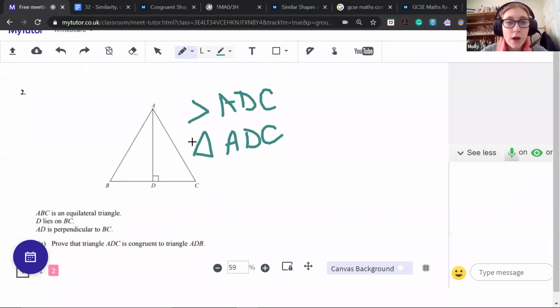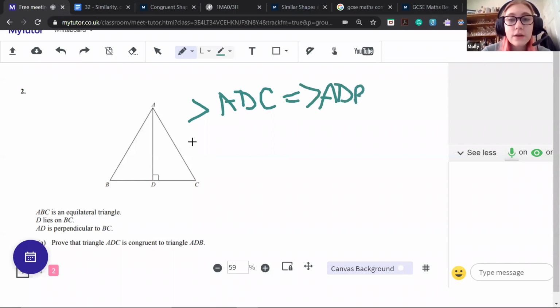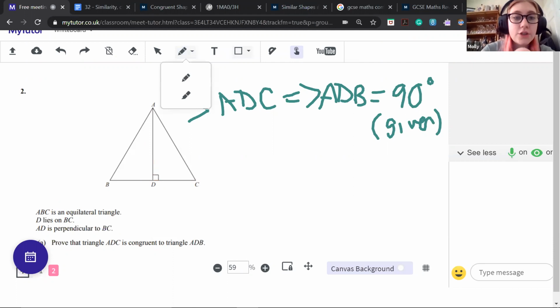So this is just some other notation that I will be using and that your examiners will know what you mean. So angle ADC equals angle ADB, which equal 90 degrees. And you just put in brackets given. All that means is that I'm not just making it up, it's given to me in the question that this is perpendicular. So we've got our right angle.